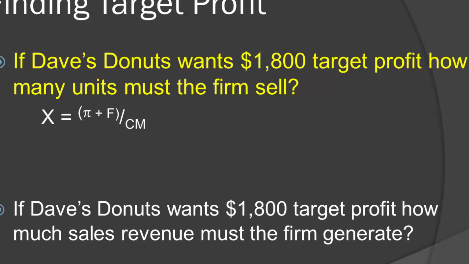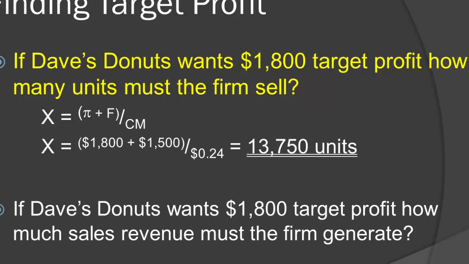Now we just have to fill in the data. In this case, Dave wants $1,800 of target profit, and he has $1,500 of fixed costs. He has to sell enough donuts to cover both of those at a contribution margin of 24 cents each. That is 60 cents sales revenue minus 36 cents of variable costs.